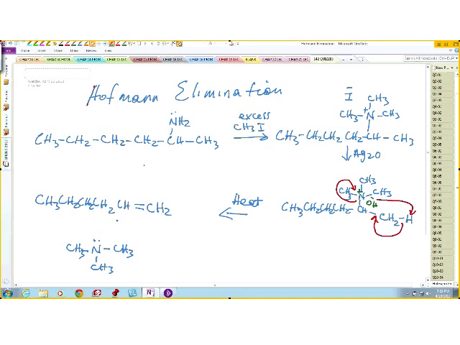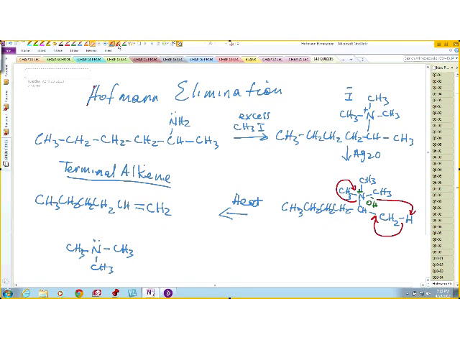Now, the point to be made of this, in the Hoffman elimination, is that you get a terminal alkene, because if you notice here, in this reaction, we do have a possibility of making a carbon-carbon double bond.